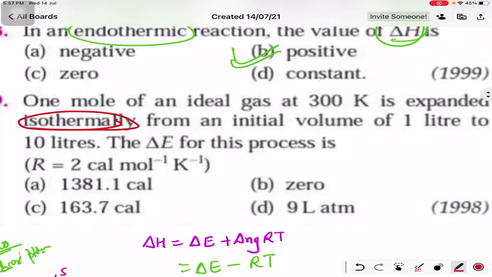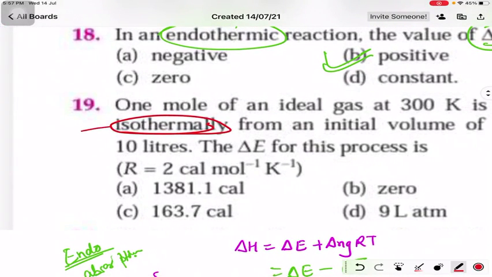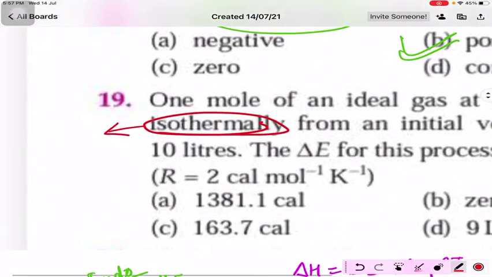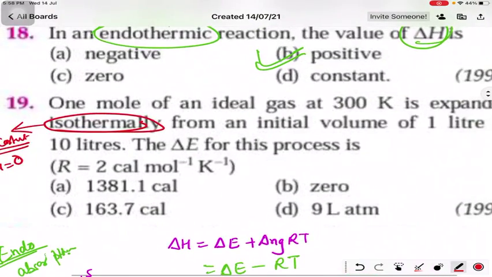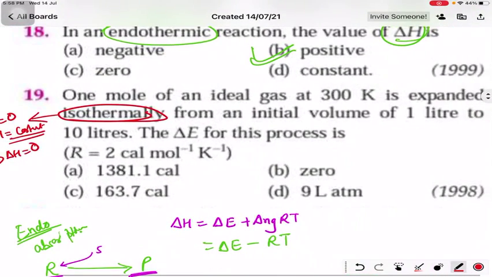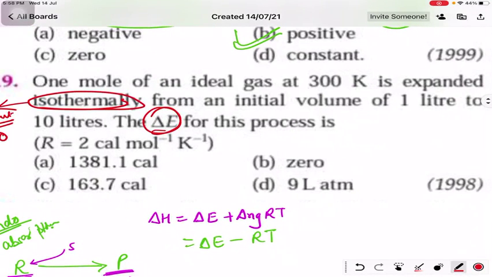In the previous video I told you that if your process is isothermal, your del U will be equal to 0, and your del H will be constant, it will not change, means del H is also equal to 0. So these conditions you have to keep in mind. So no need to solve this question further. You can opt from here because the change in internal energy will be equal to 0 only.